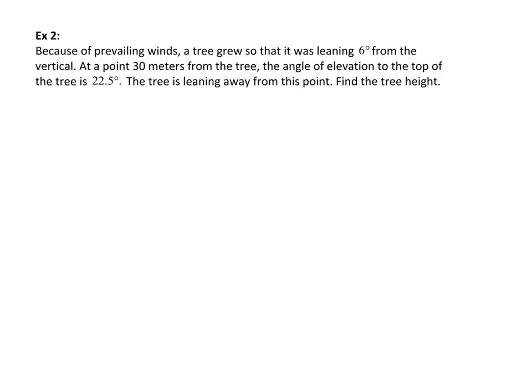Because of prevailing winds, a tree grew so that it was leaning 6 degrees from the vertical. So here we have a tree leaning. Here's my tree. It's leaning 6 degrees from the vertical.